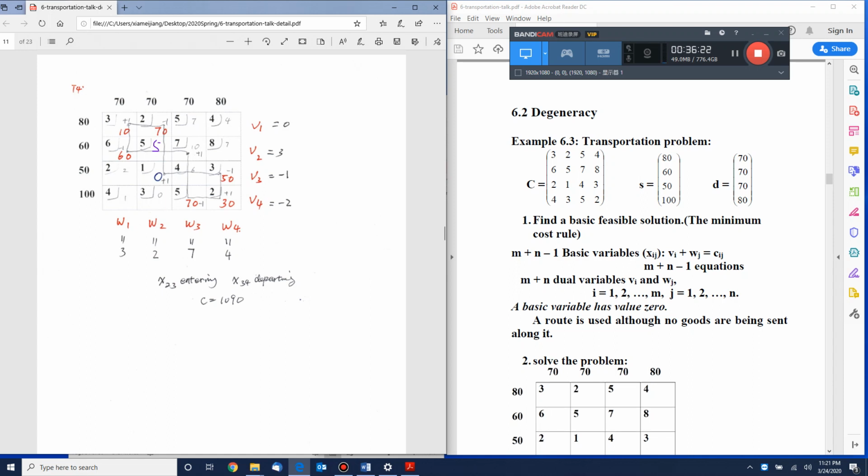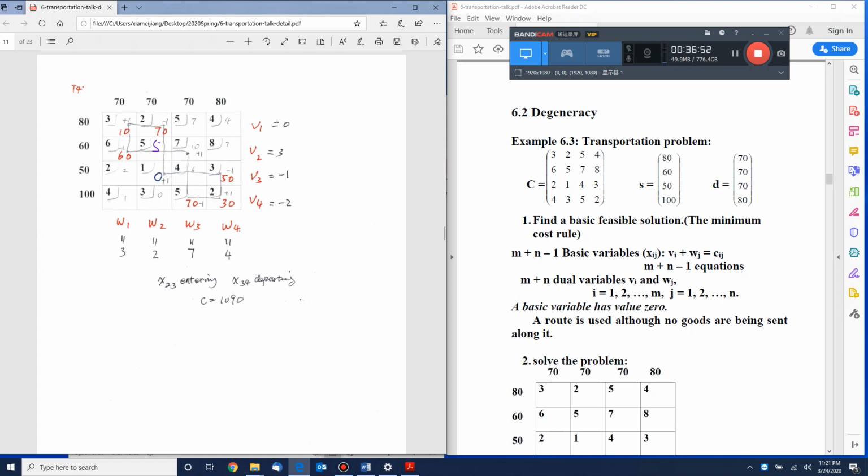Now look at those we put in: cell 2, 3 is 10 and 2, 4 is 7, and cell 3, 1 is 2, cell 3, 3 is 6, and cell 4, 1 is 1, cell 4, 2 is 0.